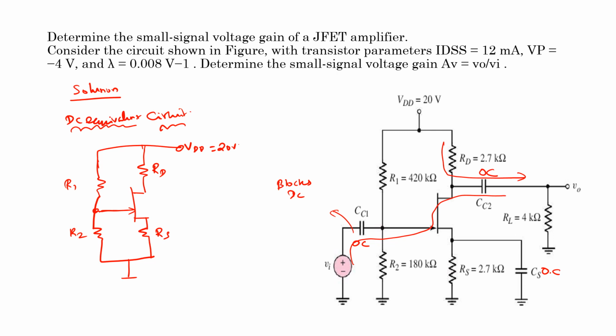We will obtain VGS, which is nothing but VG minus VS. VG is the voltage at the gate terminal, and it has been fixed by R1 and R2, which form a voltage divider network. So VG is R2 by (R1 plus R2) into VDD, and VS is the voltage across RS, which is IS into RS.